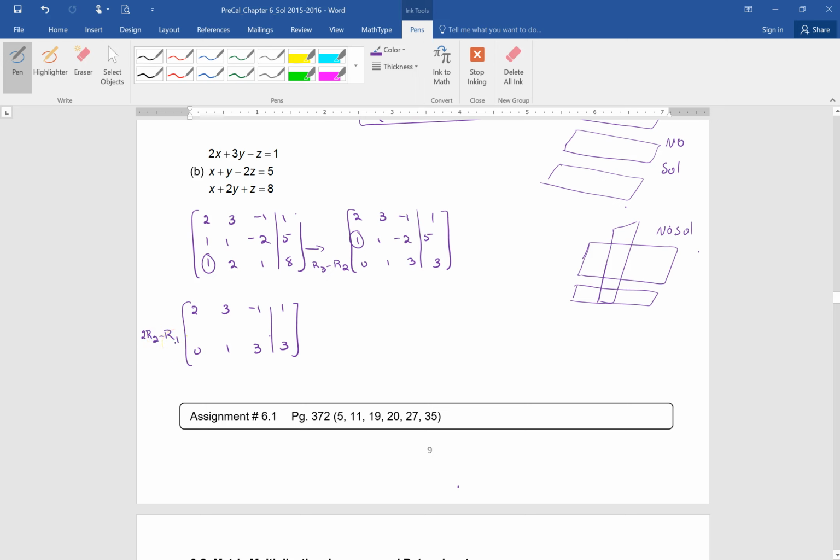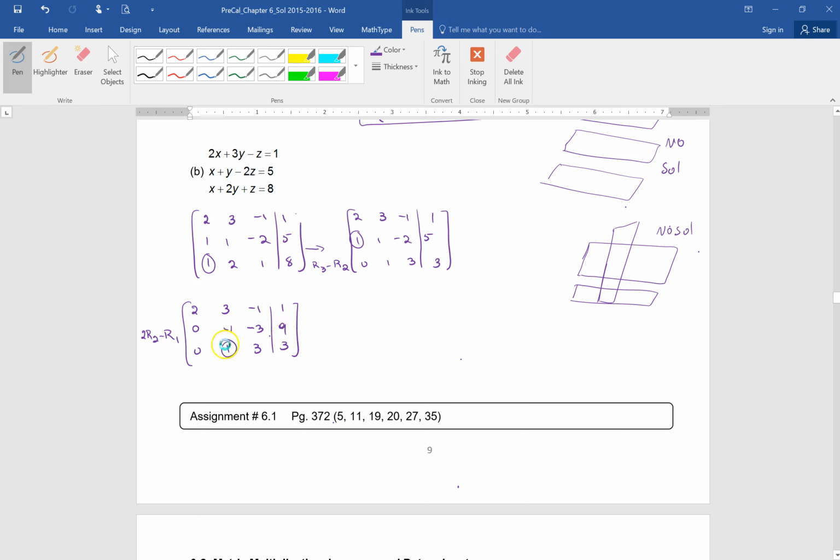Wait till you get rid of this one here, that's circled. So 2 minus 2 is 0. 2 minus 3 is minus 1. Can you do R1 minus 2 R2? Yeah. Either way. So here we have negative 4 plus 1, negative 3. And what do we have here? 10 minus 1 is 9, right?